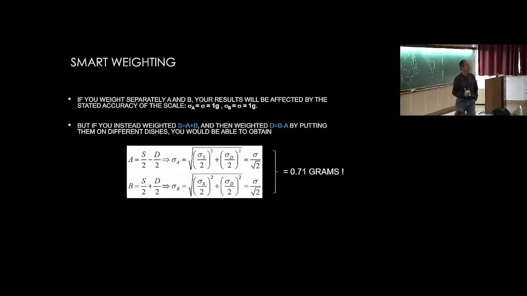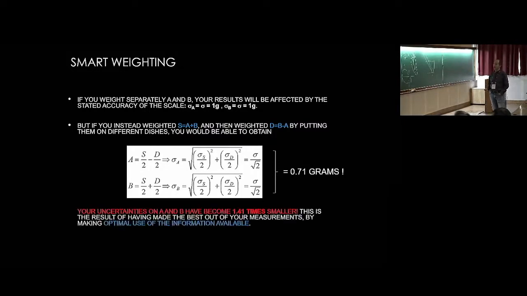So how is it possible that with two measurements you get a smaller uncertainty? It is possible because you are letting both objects participate in the weighing, and they affect the two measurements of sum and difference. So you have made optimal use of the available information and of the instrument that you have. And you have only been able to do this because you were able to exploit how error propagation works.